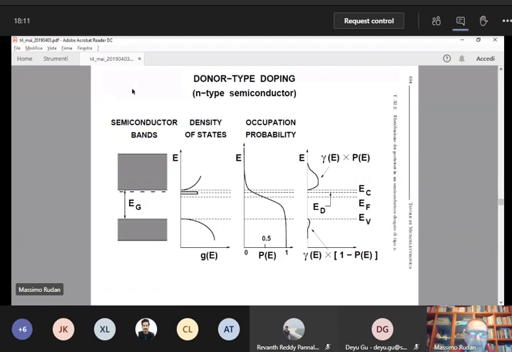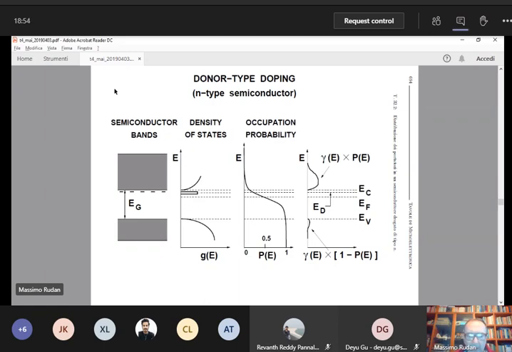Okay, you remember the number of donor atoms is in any case much smaller than the number of silicon atoms in the crystal, or better, the concentration of the donors is small with respect to the concentration of the silicon atoms. So the dopant atoms are far apart from each other, so they do not influence very much globally the structure of the silicon lattice.